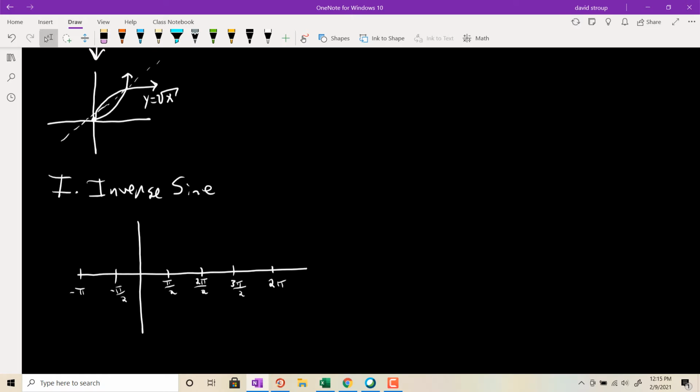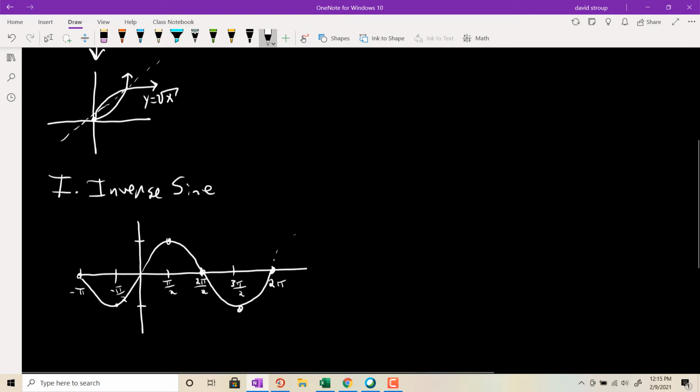The amplitude is 1, so it's going to go up and down to 1. Maybe I should just get the key points there so it's a little easier to graph this thing. Then it's going to go down and then back up. So there's a little more than one period, a period and a half, and of course it goes on forever.